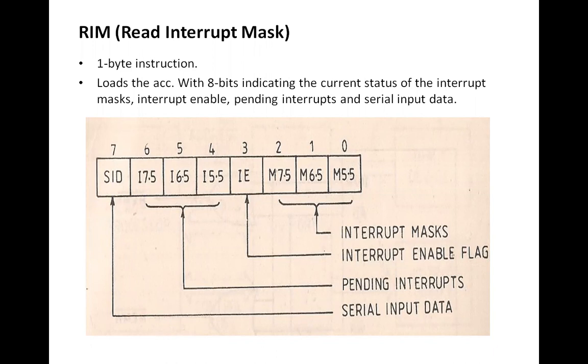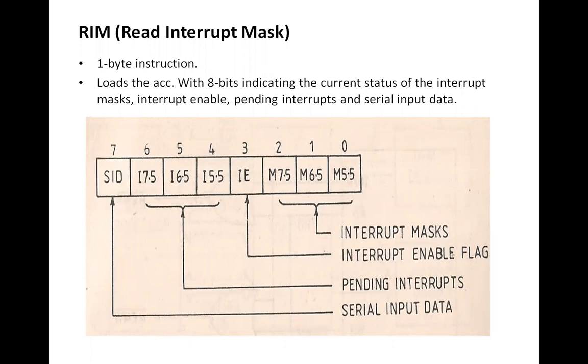If it is 0, it is disabled. Bits D4 to D6 indicate the pending interrupt. If it is 1, it means these interrupts are pending. If it is 0, no interrupts are pending. And bit 7 is the serial input data, if any. If there is any serial input data, it is represented by bit 7.